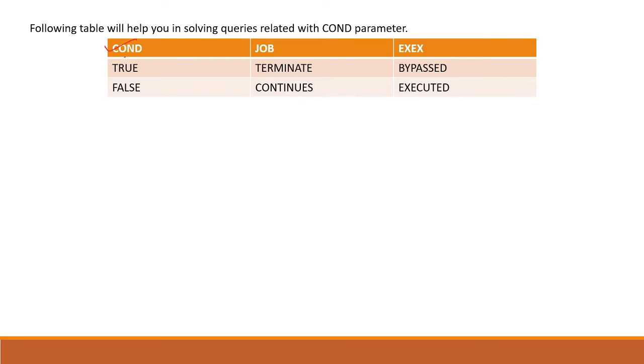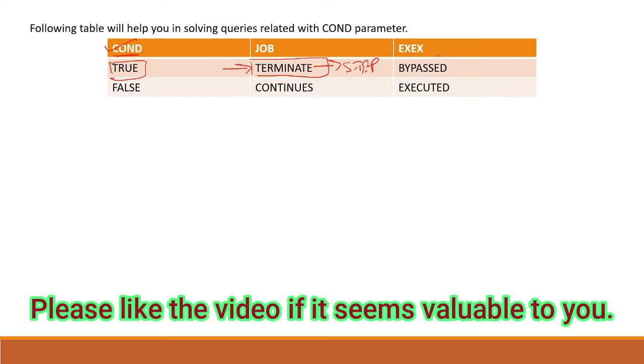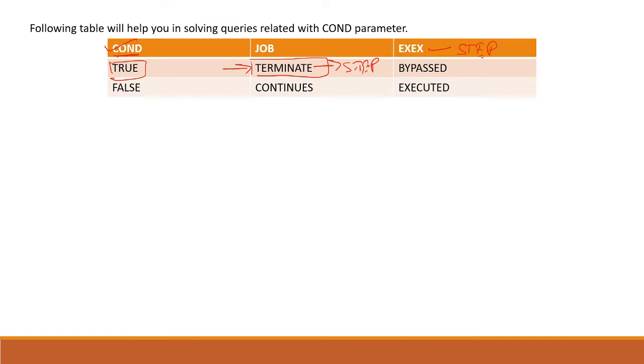Like if your COND parameter is true for a job, your job will be terminated from that step. If it is true for a step, it means that step will be bypassed.